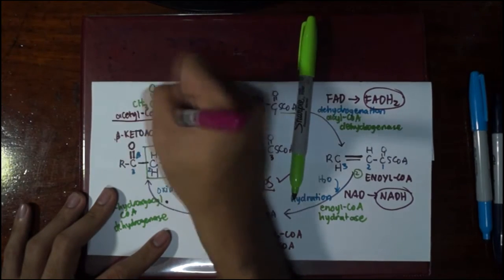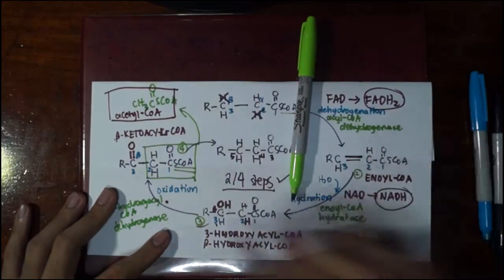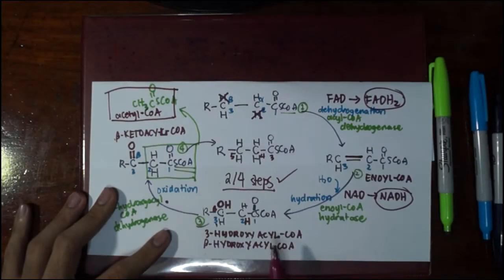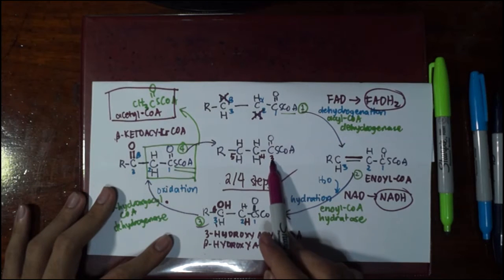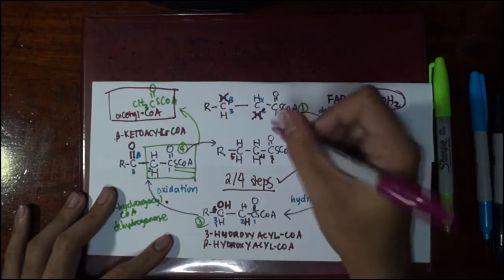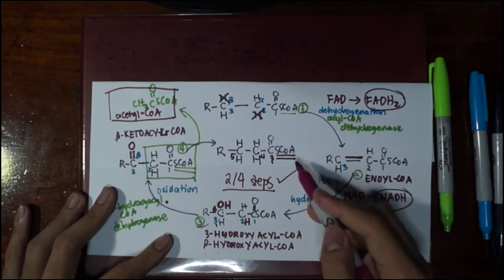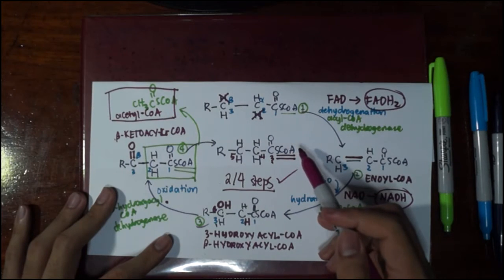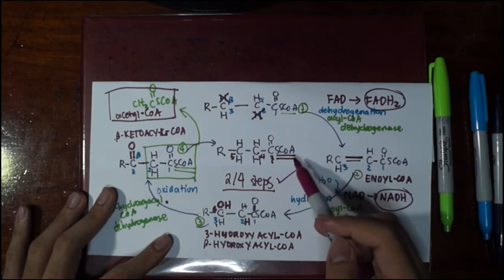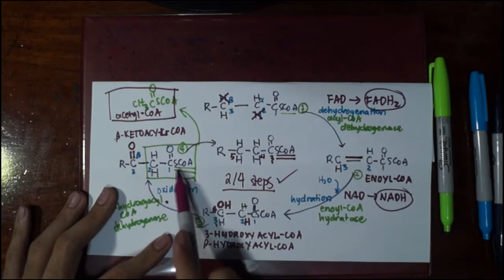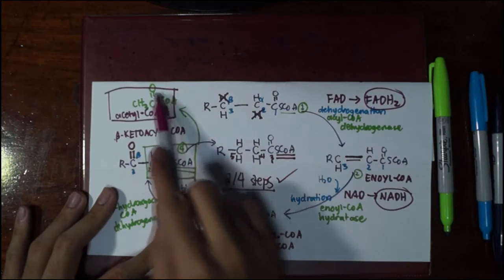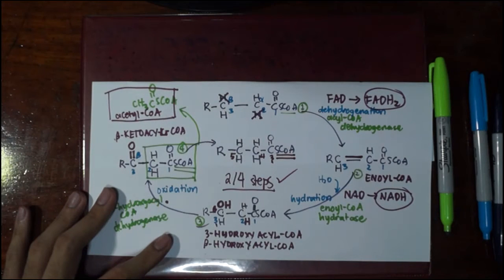acetyl-CoA. Meaning that in every round of beta oxidation, you chop off 2 carbons, which then become acetyl coenzyme A. And you are left now with carbon number 3 at the forefront. And this coenzyme A is actually a new coenzyme A, because the original coenzyme A was taken along with the 2 carbons that were cut off.